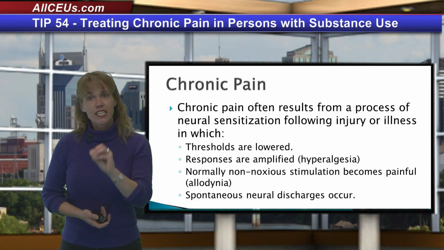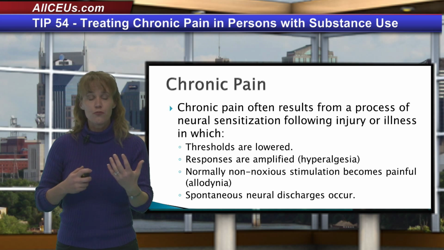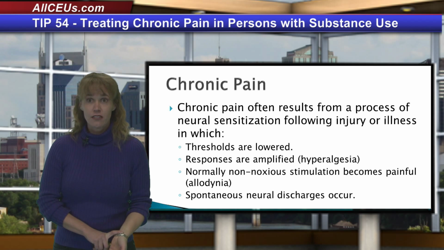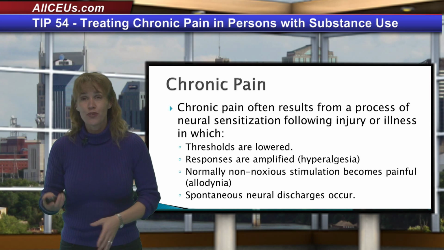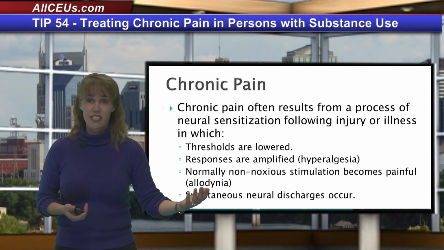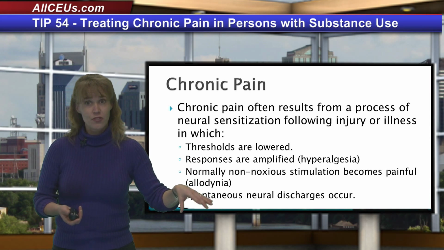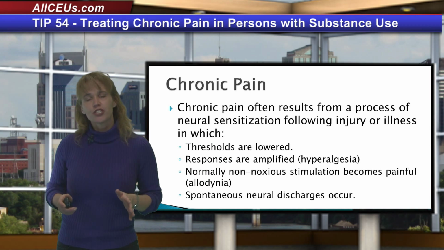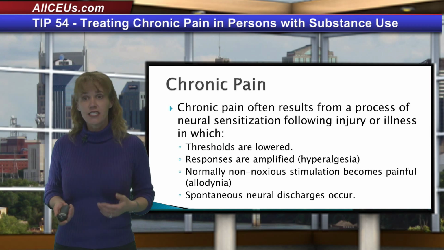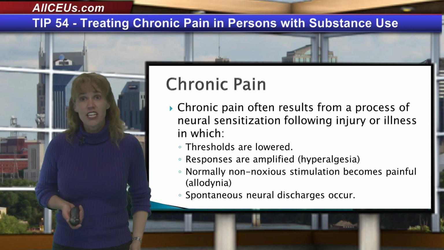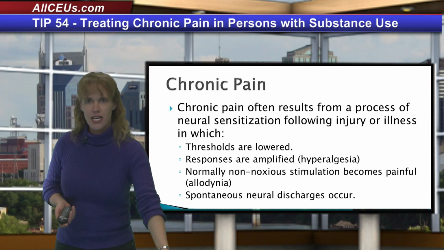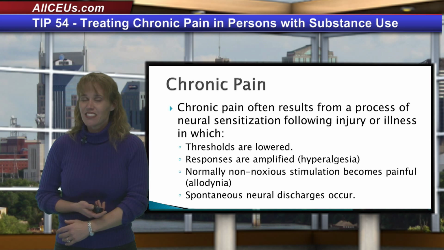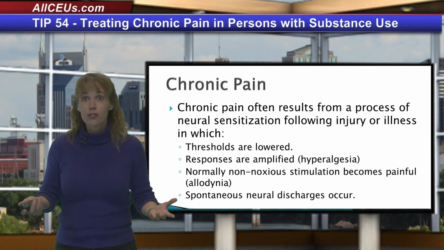So these are things we need to pay attention to, because when somebody has an injury, it's very possible that when it heals, it's going to be more sensitive for a period of time or maybe indefinitely. Then we also have situations where someone has maybe an amputation and they have phantom pain. That's not imaginary. That's still pain.